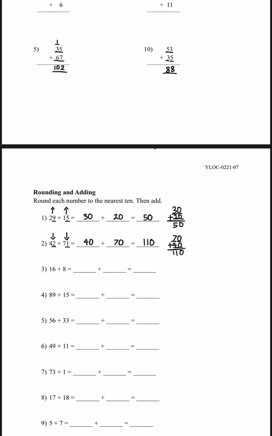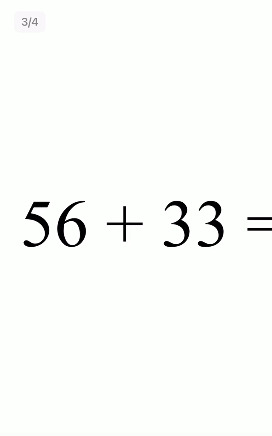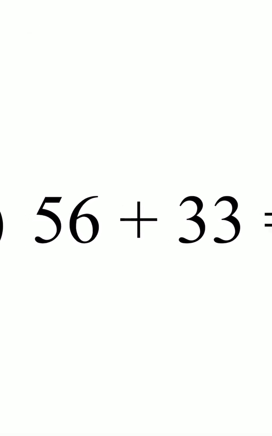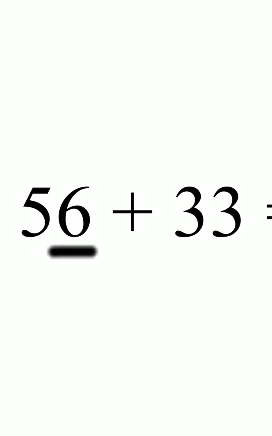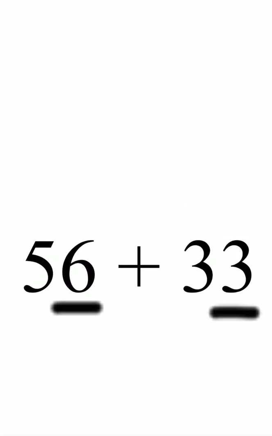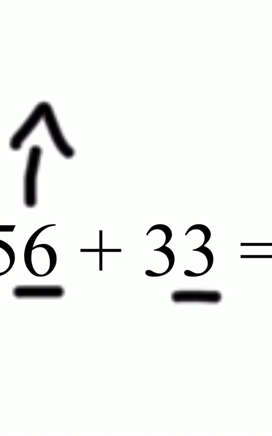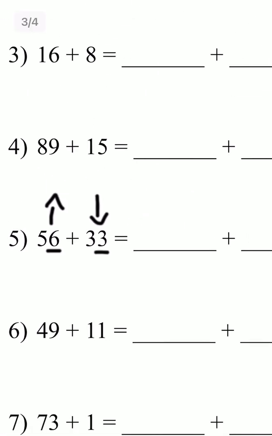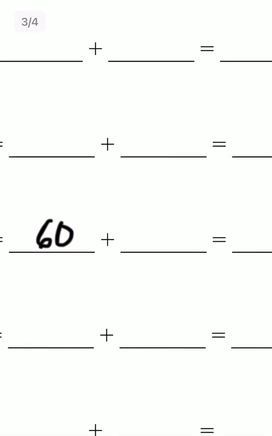Let's look at number 5. We have 56 plus 33, and 6 and 3 is only ones place, and we need to round up 56, and we need to round down 33. 56 would round up to 60, and 33 would be 30.